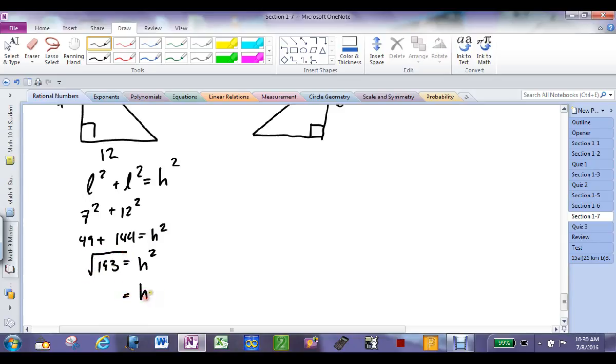Now, let's estimate real quickly. We haven't memorized up to 200, have we? But I'll tell you right now, it's between 189 and 225. So it's between 13 and 14.